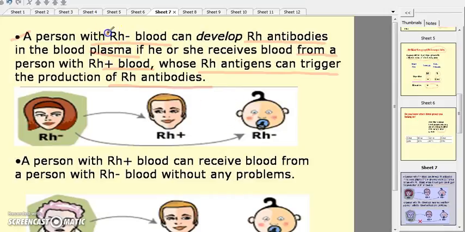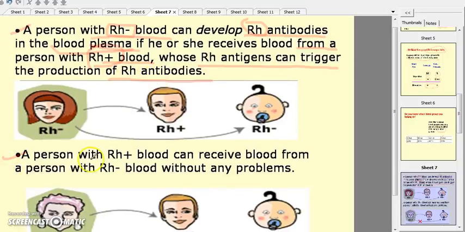That means a person with Rh negative blood has the power to develop antibodies in the blood plasma if that person receives blood from a person with the dominant Rh factor. So a person without Rh factor will produce Rh antibodies if blood is transfused from other persons.